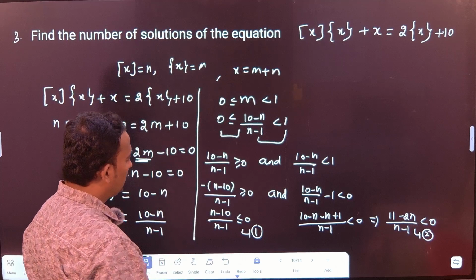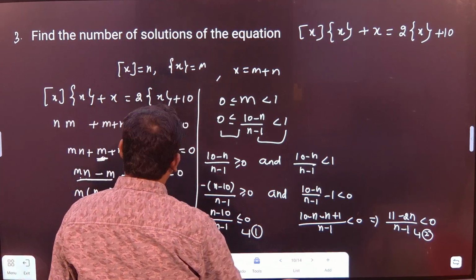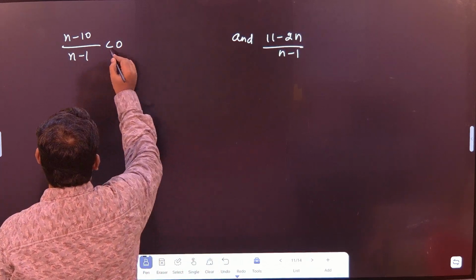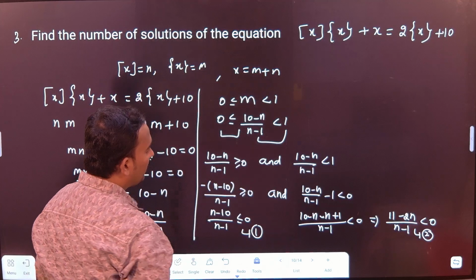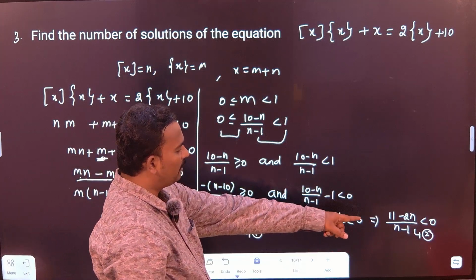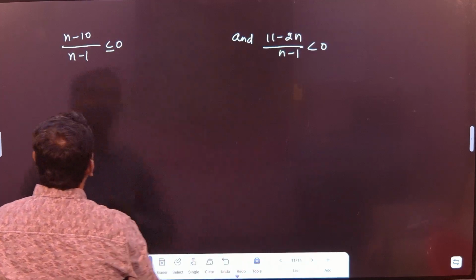Here, less than or equal to 0, right? Here strictly less than 0. You have to be very careful here. 11 minus 2n by n minus 1 strictly less than 0. Here less than or equal to 0.